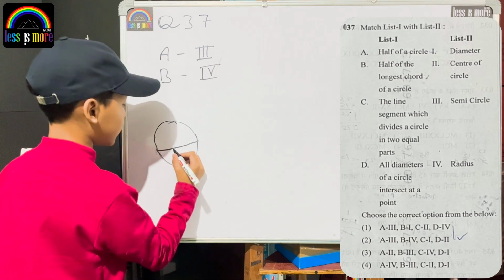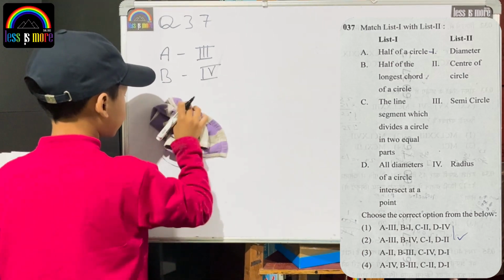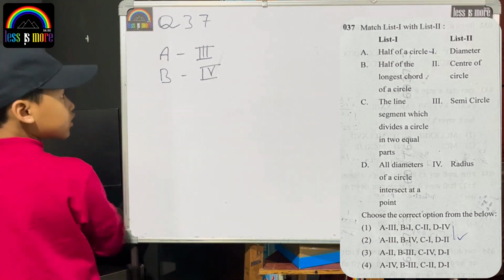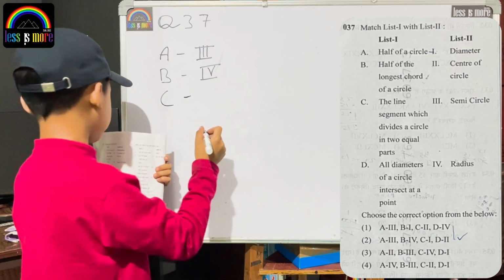As I already said, it is called the diameter, the longest chord. So C will be number 1 of list 2, which is diameter.